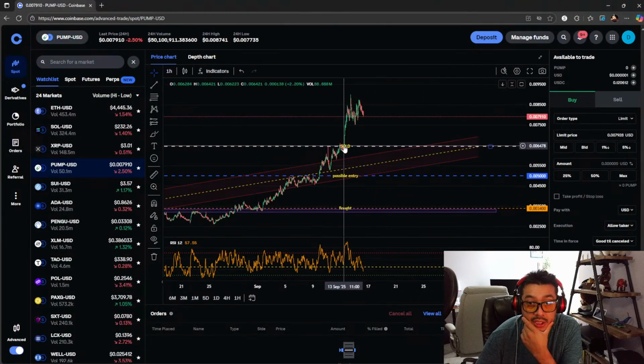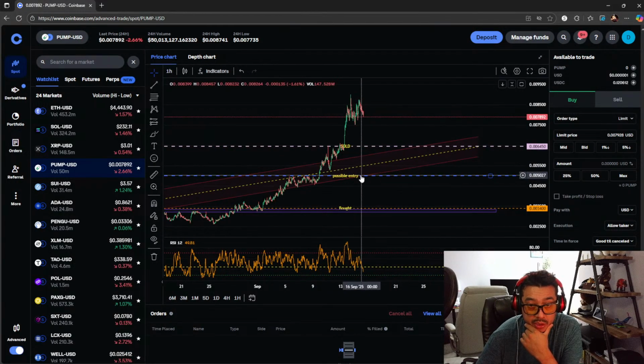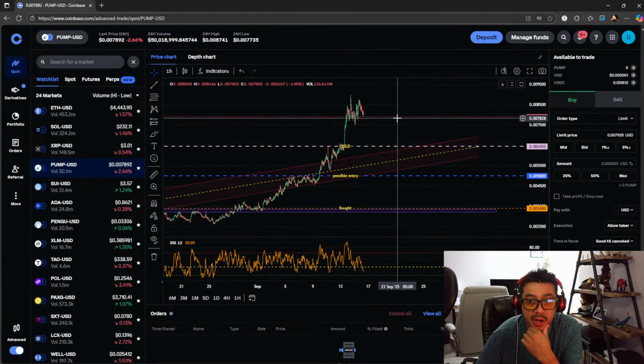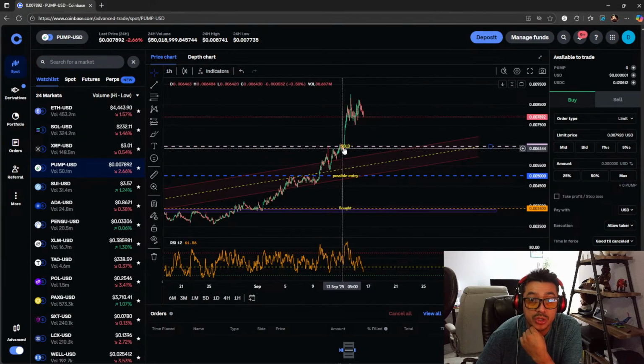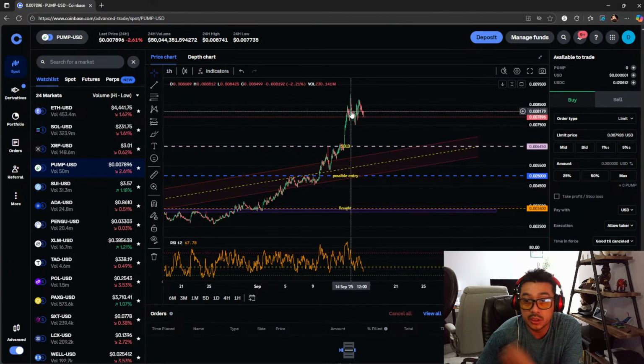I actually sold it here before it. So I bought it down here. Sold at the peak at the time it was supposed to drop, so I can go back in right here and then ride it back up. But I was not expecting this. This is beautiful.